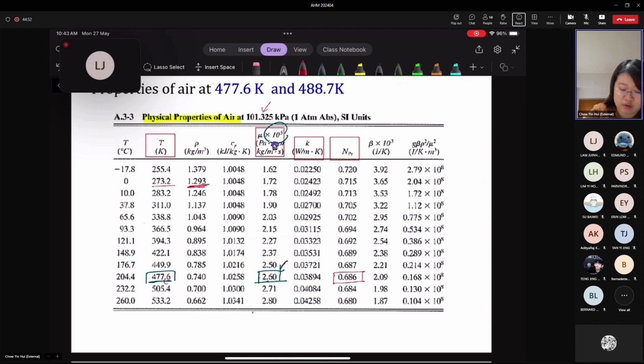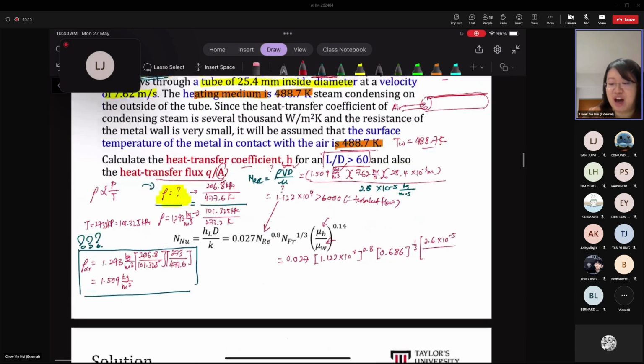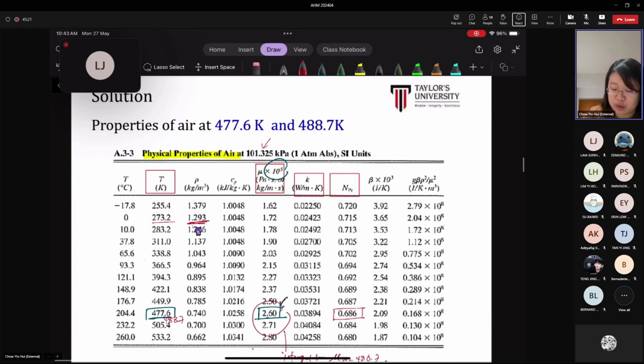We do not have data at 488.7, so you need to do interpolation to find the viscosity at the wall temperature. Let's say we have done the interpolation; because of time limitation, I'll write it down directly: 2.64 × 10^-5. It definitely lies between these two values here.